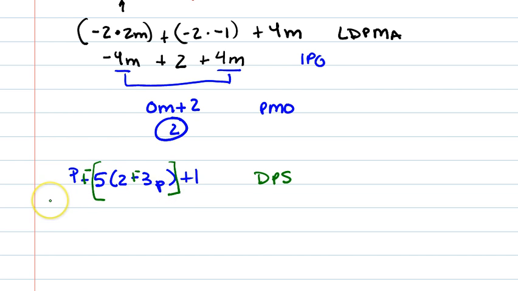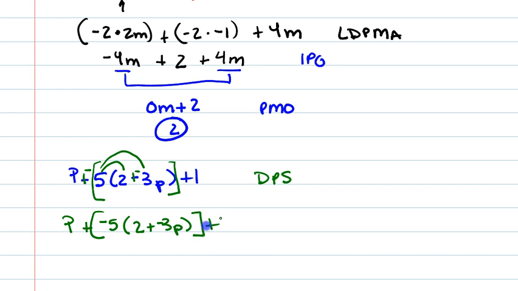I have to do that before I can add anything. So I'm going to distribute my 5 across here because I can't add this when there's a variable here. They're not like terms. So I'm going to take p plus negative 5 times, in parentheses, 2 plus negative 3p, plus 1.